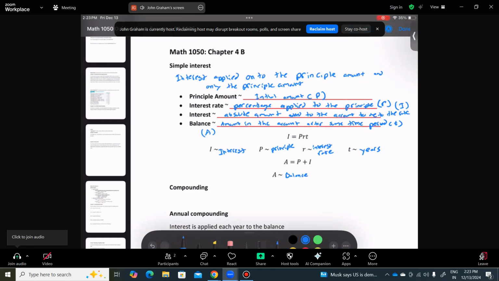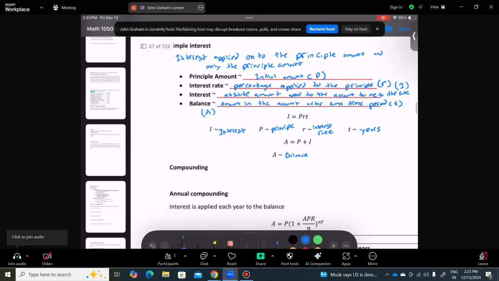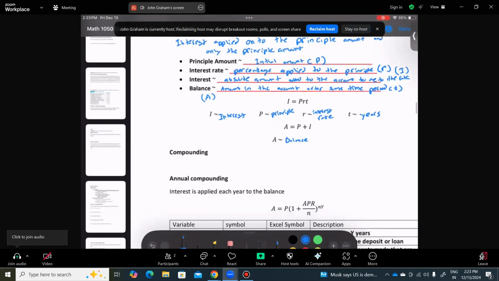Now the opposite of this is when you're compounding. Compounding is when interest accumulates on both the principal and the previous interest.